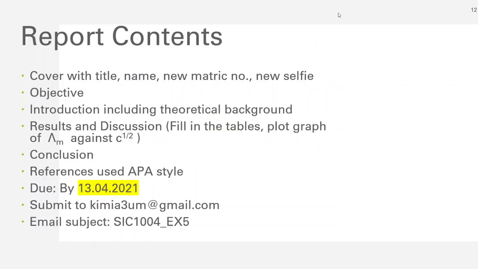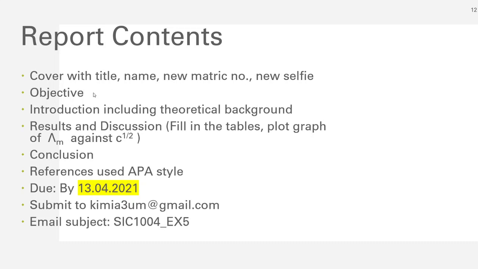Okay, so pretty much that's pretty straightforward. So the report contents will be as usual: title, name, new matric number, new selfie, so that I see a fresh new look every time.